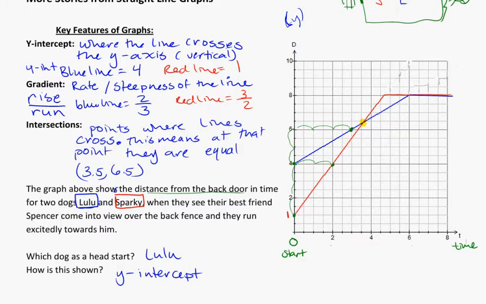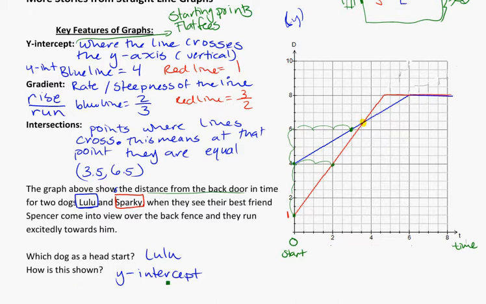So y-intercepts can also tell you, basically, things such as flat fees and starting points, depending on the type of context.